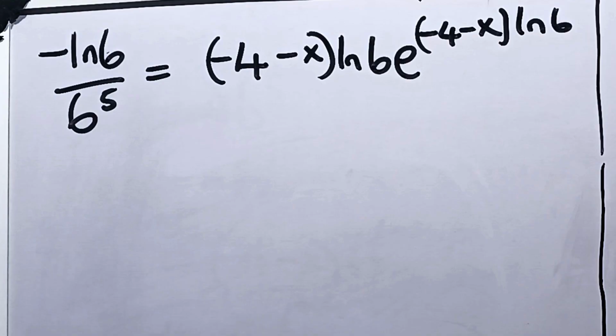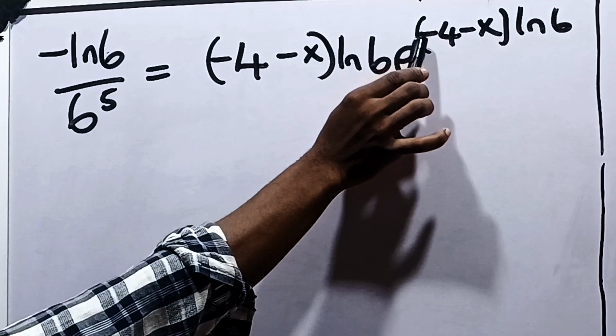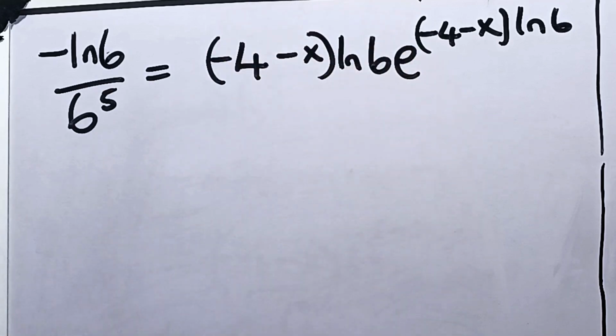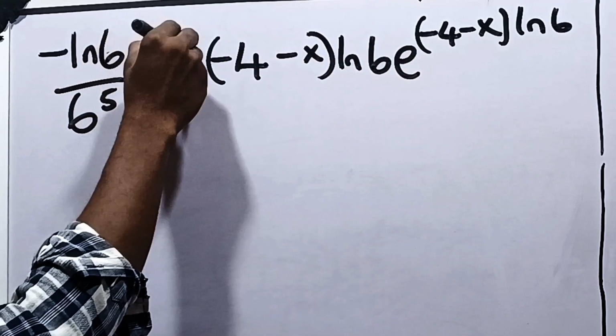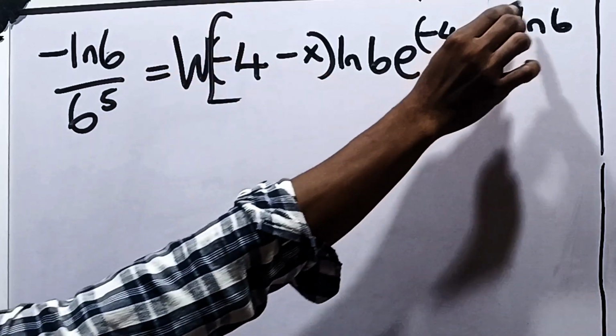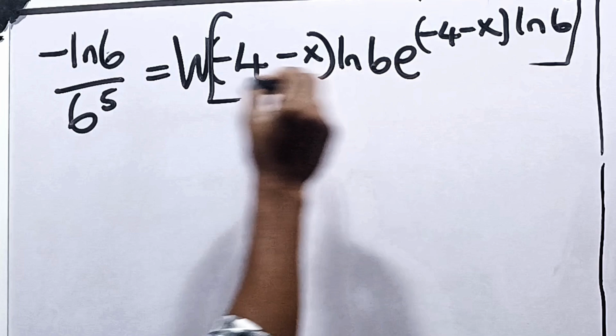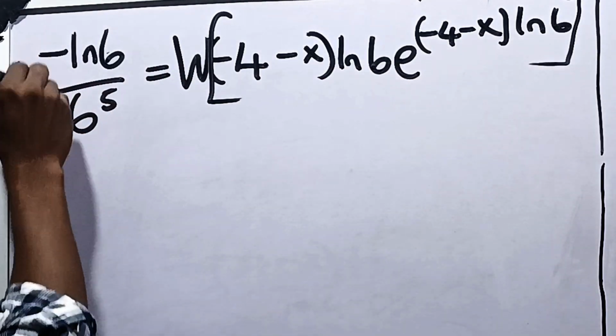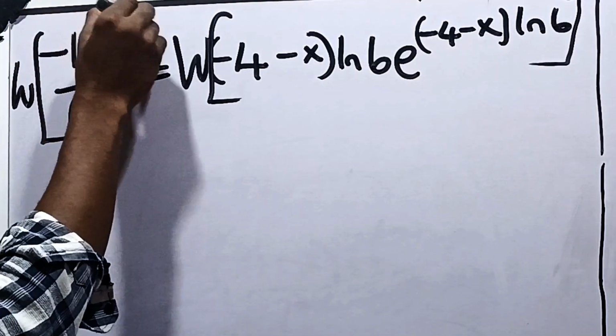Having achieved uniformity on both sides, both the power of e and the term multiplying e, we can now take W of both sides. So if we take the W of the left hand side, it is equal to the W of the right hand side.